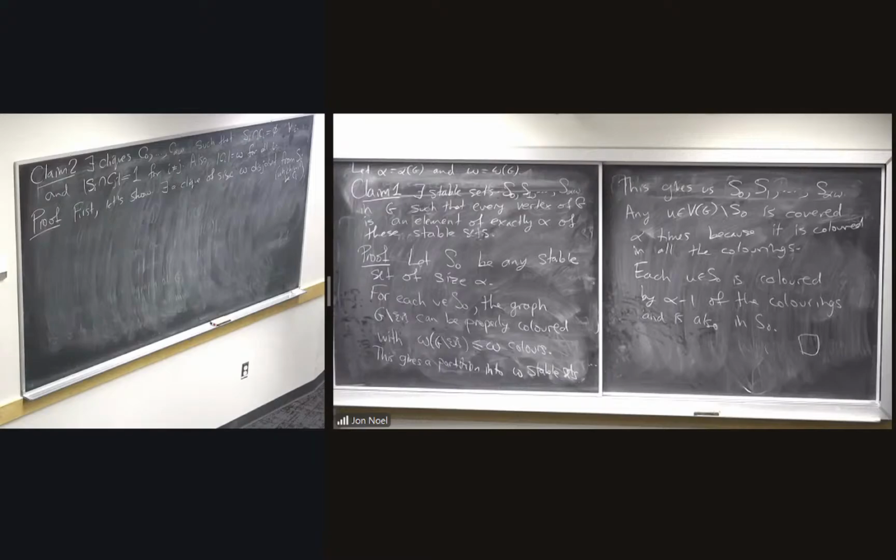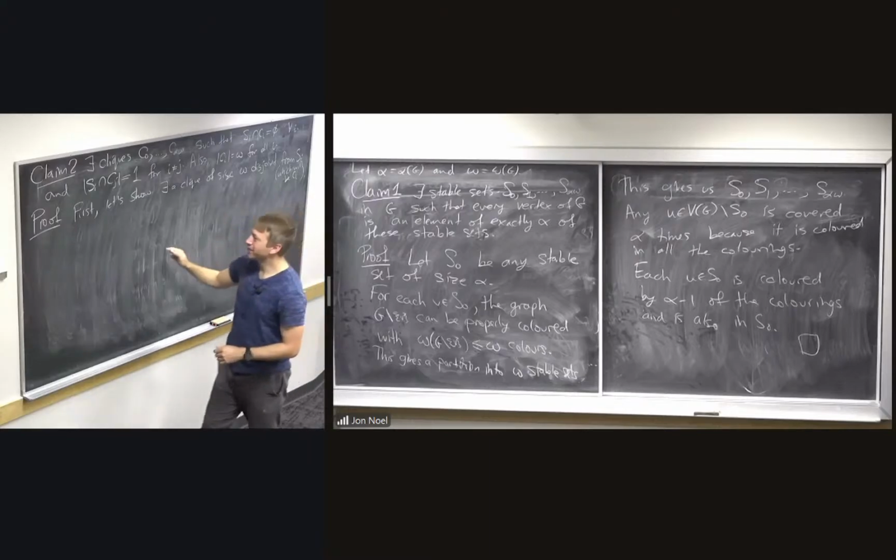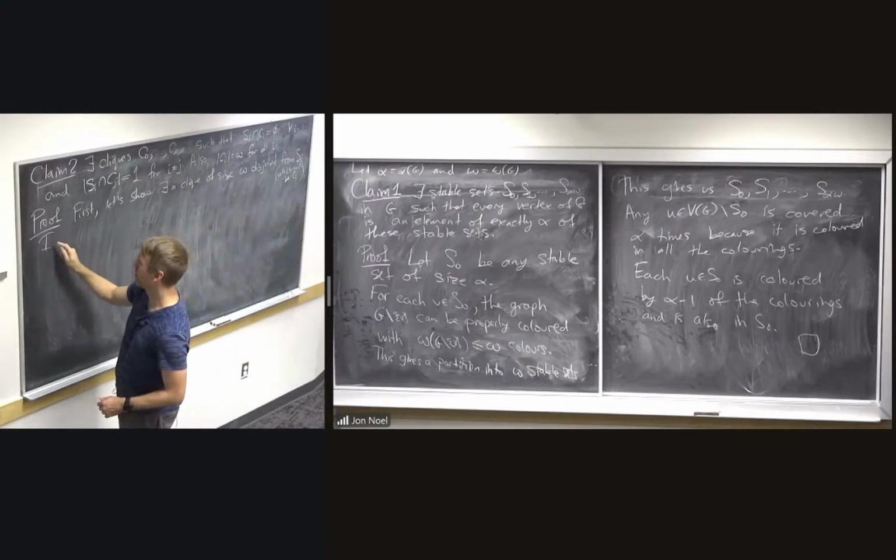There's a lot going on, and maybe it's a little subtle, but maybe a hint: I want to use the fact that all the induced subgraphs of G are perfect. Well, let's see what happens.